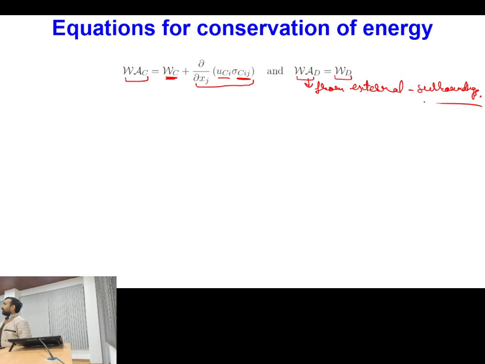The steam turbine is rotating. In a steam turbine, along with the steam, some liquid particles have also formed. If you consider that these liquid particles are acting as the dispersed phase in the steam, then whenever they strike the blades of the turbine, they will also exchange some work. That exchange of work with the external surroundings is WAD.